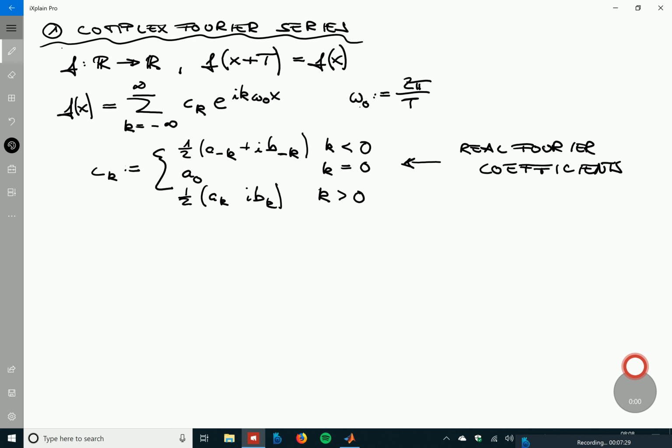And that's not that surprising, because obviously the ak and bk are given in terms of integrals with the cosine and the sine function, and one can, of course, rewrite the cosine and the sine function in terms of a complex exponential. So there's also a complex exponential form of the ck coefficients. And this is what I want to introduce first.